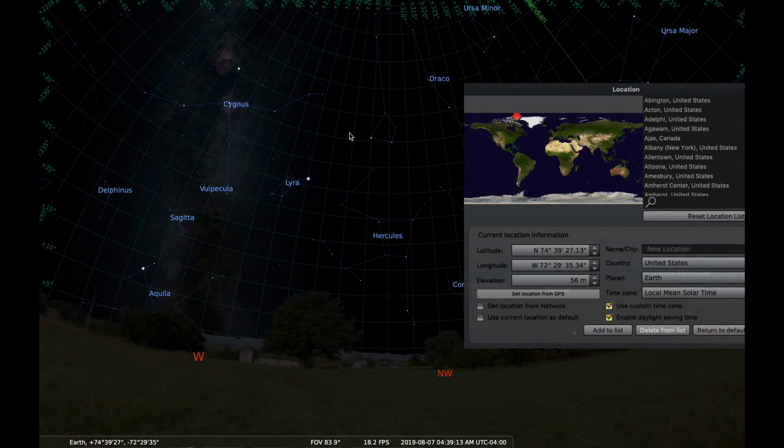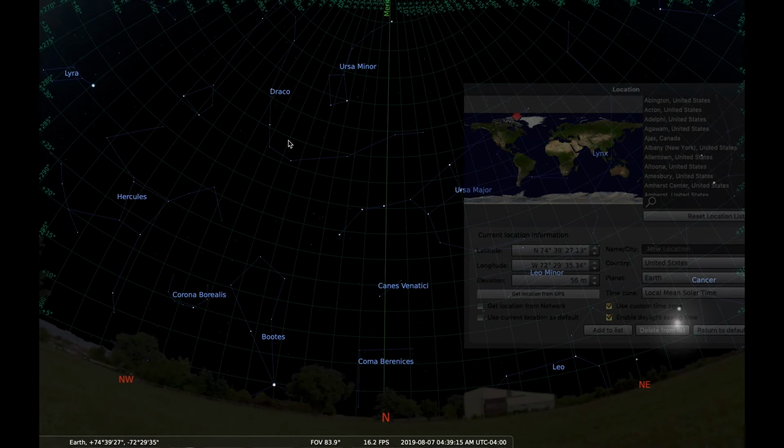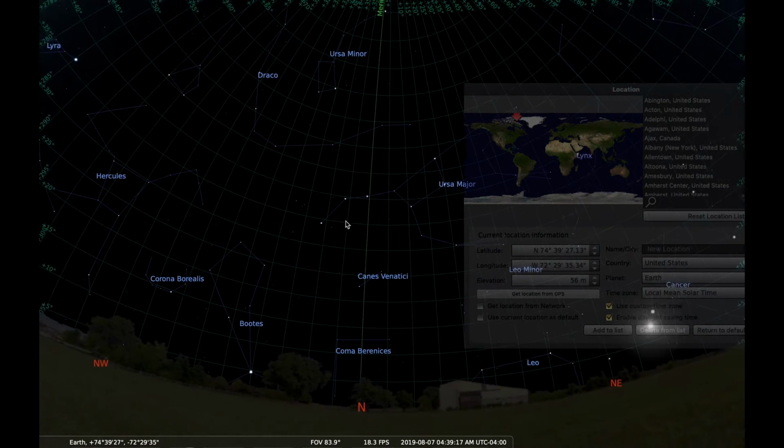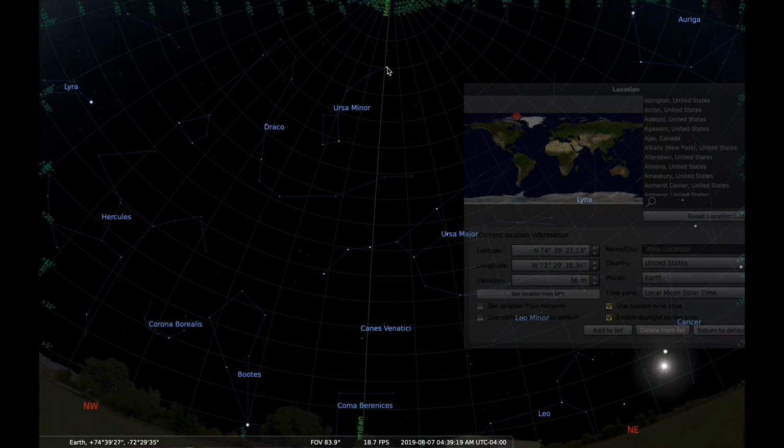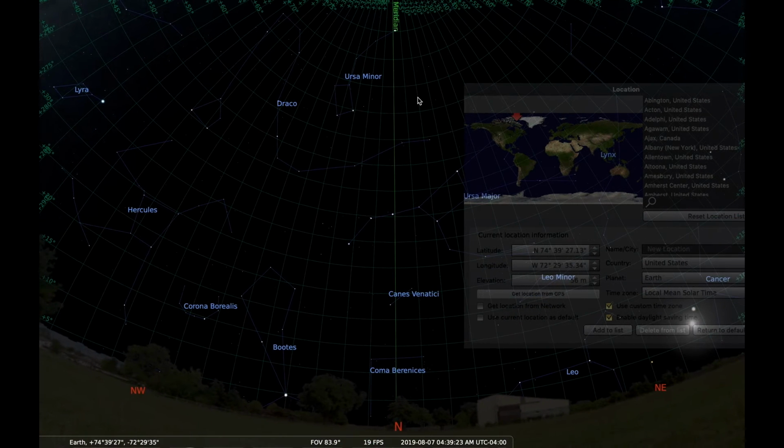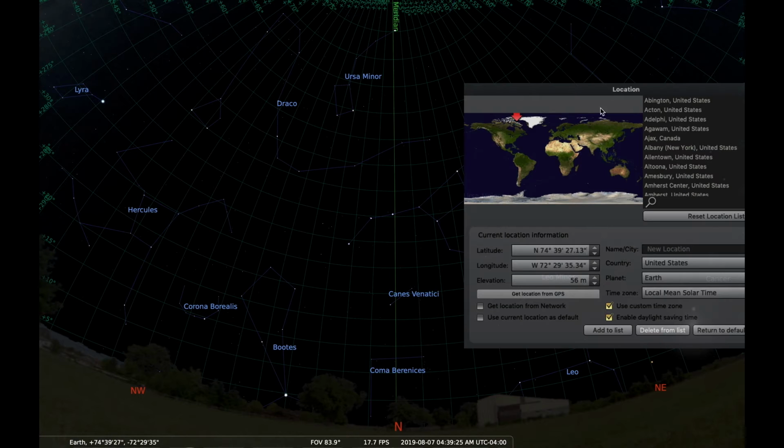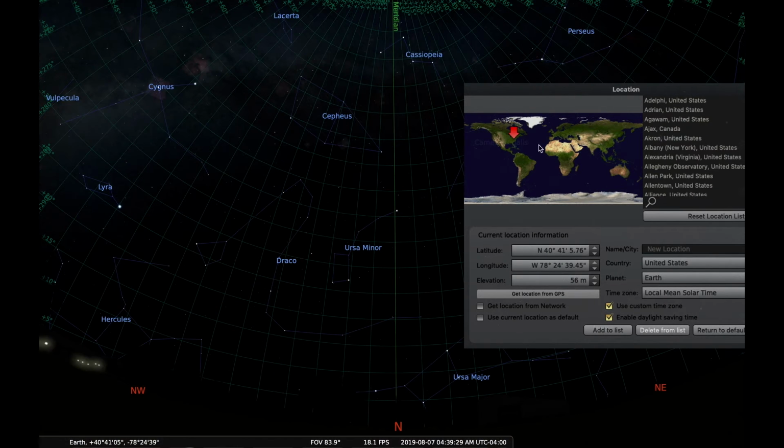But actually, let's now take a more interesting look and go all the way over to the Little Dipper. So there is our favorite star, Polaris. Now we're very far north, but let's change our location on the Earth, and we'll start somewhere in the middle of the United States, and then travel northward.